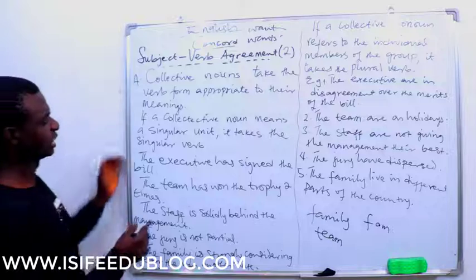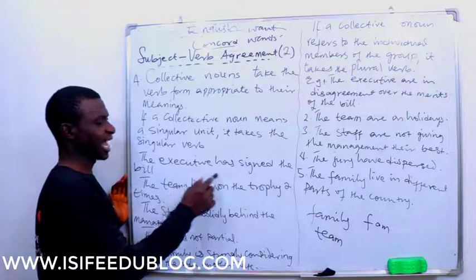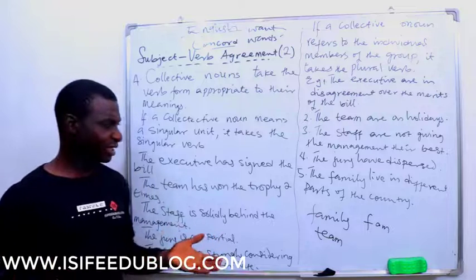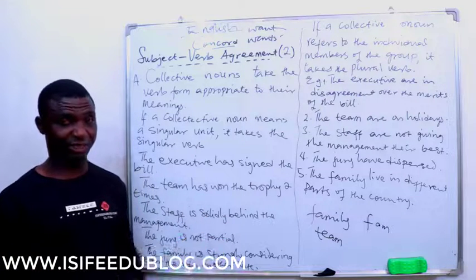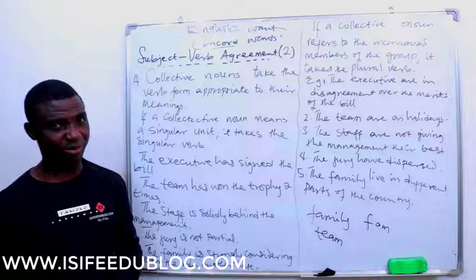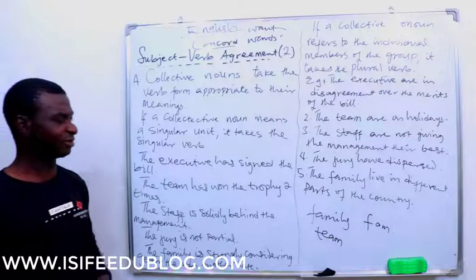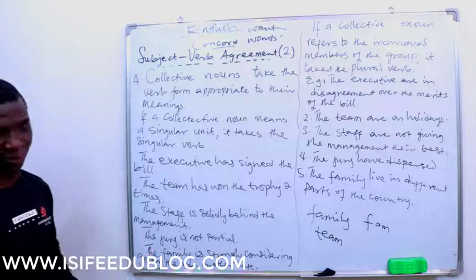So, when we said, the executive has signed the bill, it means, yes, maybe the chief of the executive in government, maybe the governor, maybe the president, maybe the owner of the business or whomever is called the chief executive, all right?